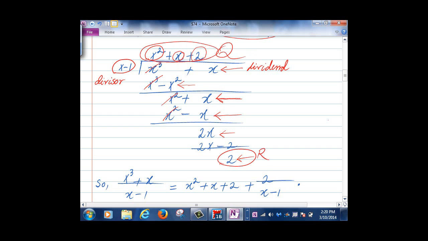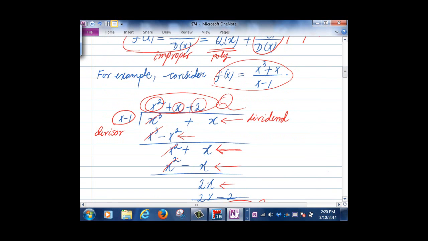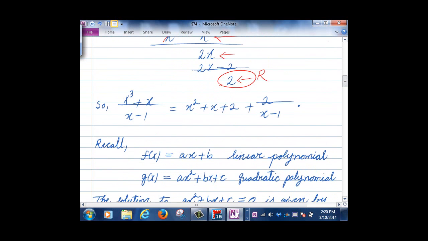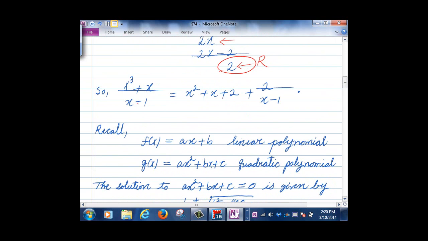Okay? So I can write, remember, this was my f. That's my rational function. And that rational function is the same as the quotient plus the remainder divided by the divisor, right?